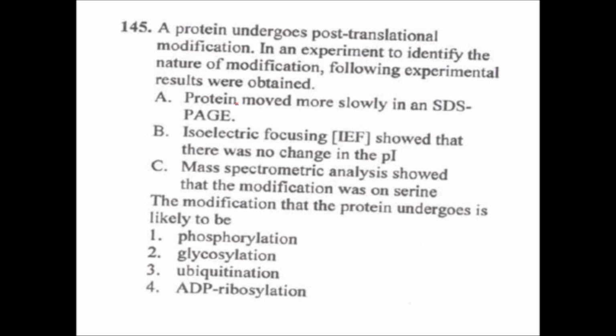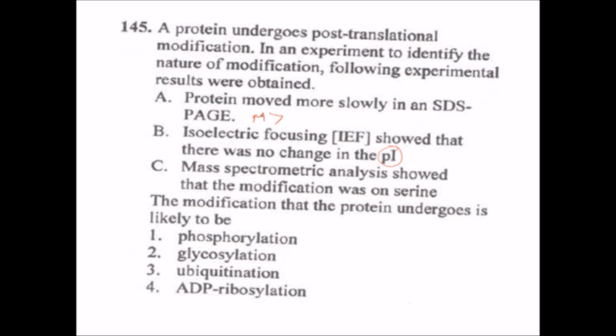So first, if the protein is moving more slowly, then its molecular mass has increased. And if it is not affecting the isoelectric point, then there is no addition or deletion of any amino acid in the protein, so its pI value is maintained.